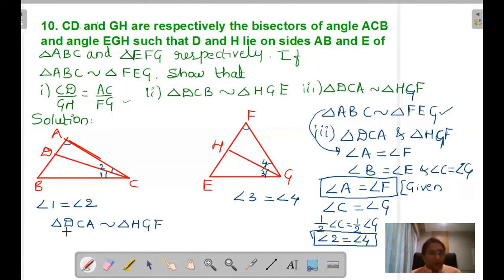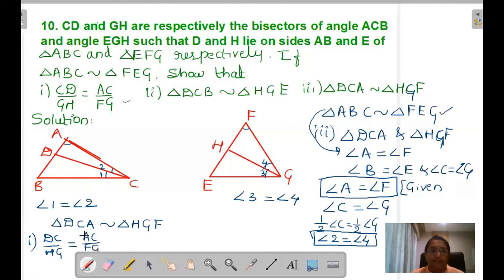Okay. So when these two are similar, then we can write, what? CD we want. So DC by HG is equal to AC by FG.